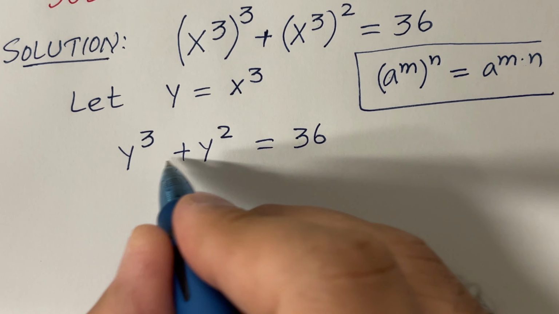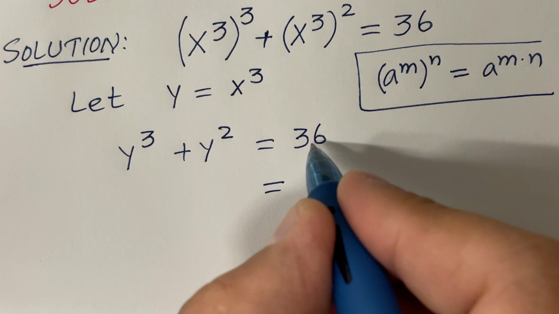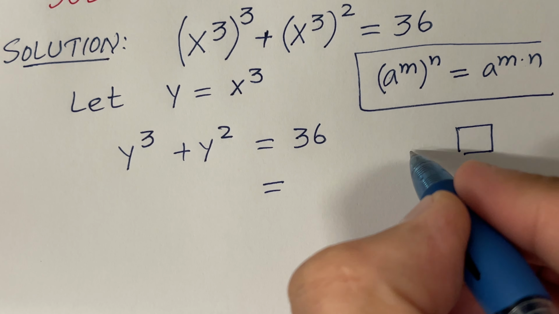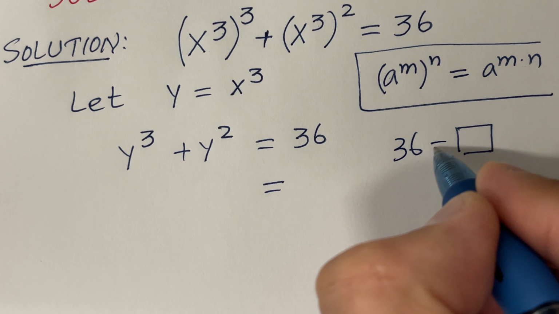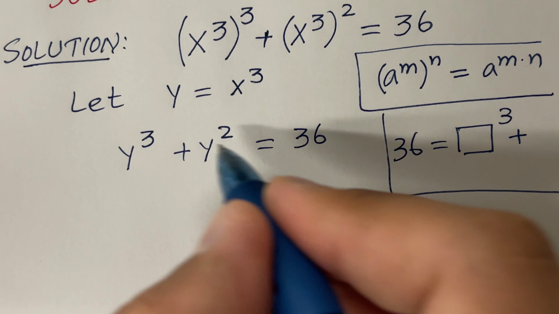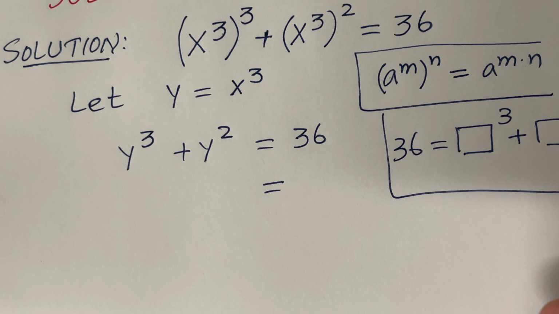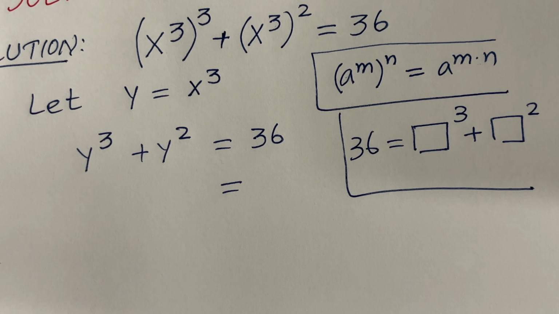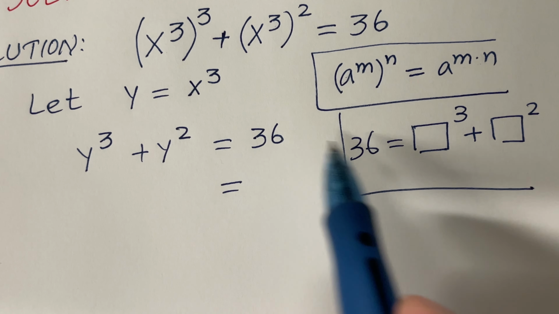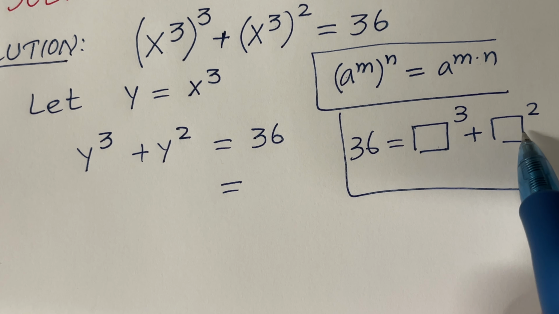Now we have to solve this equation. The question is: can we write 36 as a cube of some number plus a square of some number? Since we have y cube plus y square, can we write 36 as the cube of some number plus the square of some number?